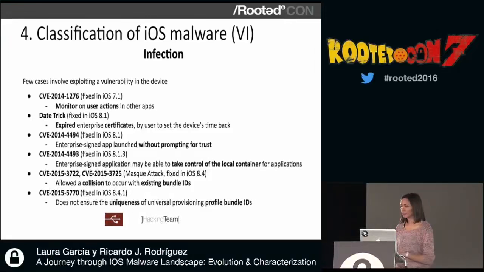In other cases, when you have an enterprise application, people at the company receiving the application will know that you need a provisioning profile for this application to be installed. There was a vulnerability which allows you to jump over this step without needing the provisioning profile.